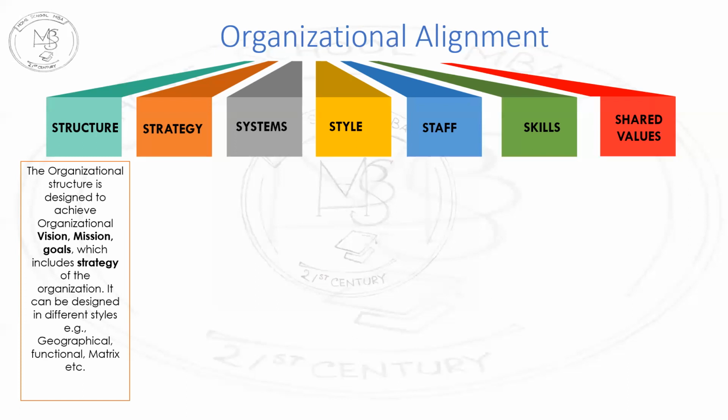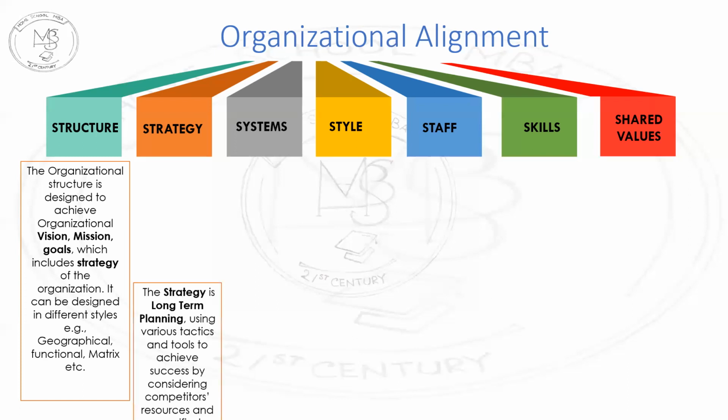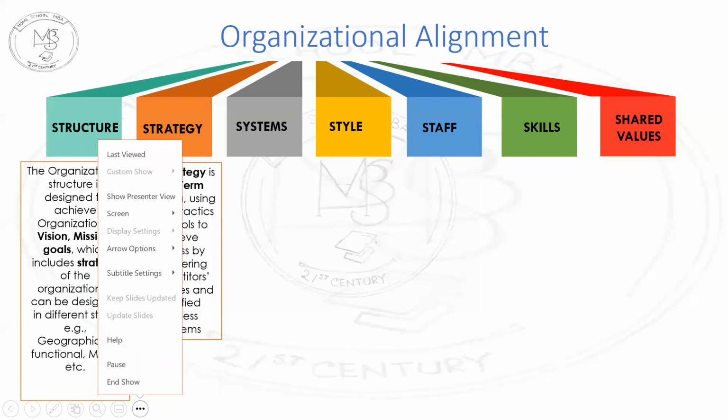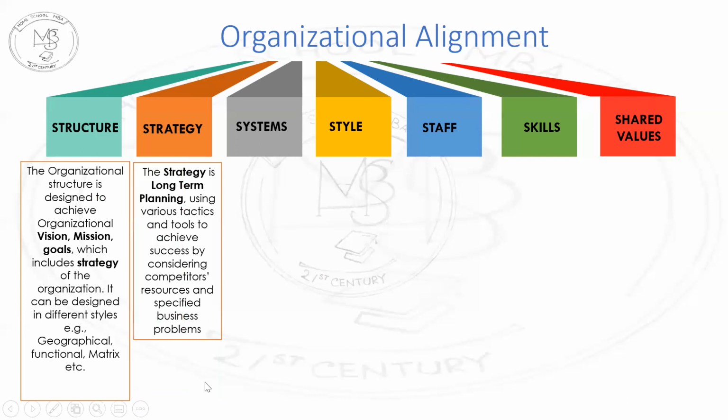So what structure here we are talking about is the design of the organization. Is it geographical based, or functional based, or matrix? And that structure is designed keeping in view the vision and mission of the organization.